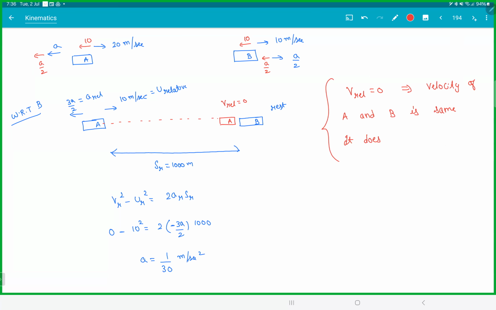Think about it. If B's speed is more than A, can A come from behind and hit B anytime? If B is going with 30 kilometers per hour and A is going 10 kilometers per hour, A can never chase B. It doesn't mean A is at rest. So be careful with that. V relative is 0. B thinks A came to rest. In the ground frame, it is not the case.